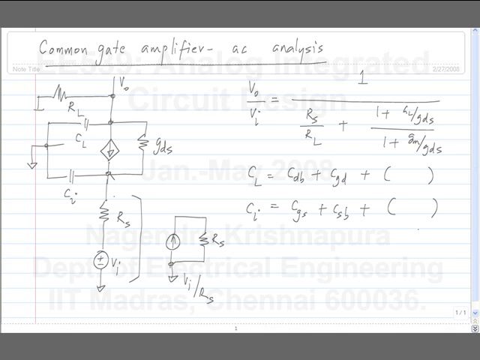What will be the gain in presence of this? Again, we can go back, write the node equations, analyze the circuit. But we already know the DC gain and we know the capacitance values. Okay? Can we say what the AC transfer function will be?